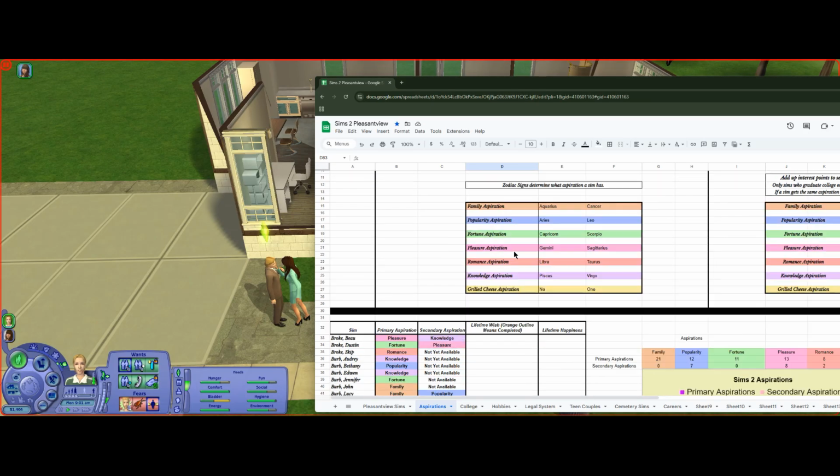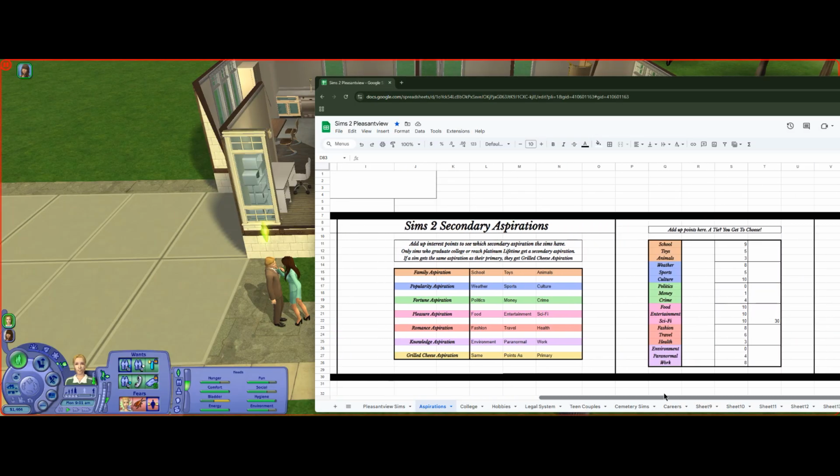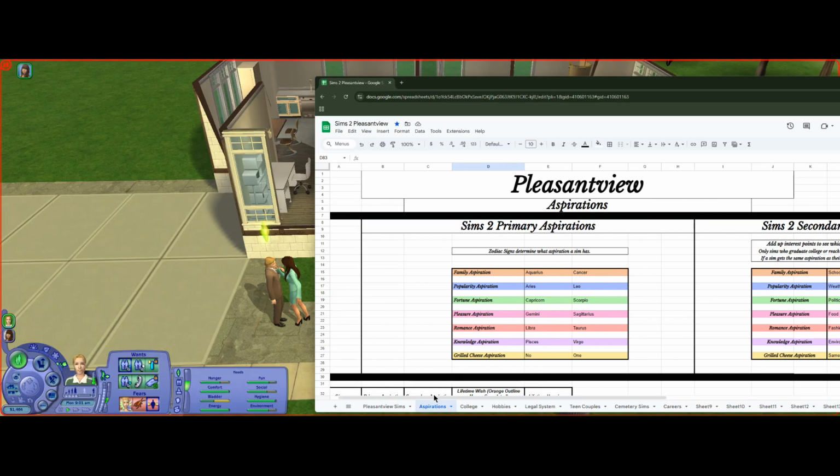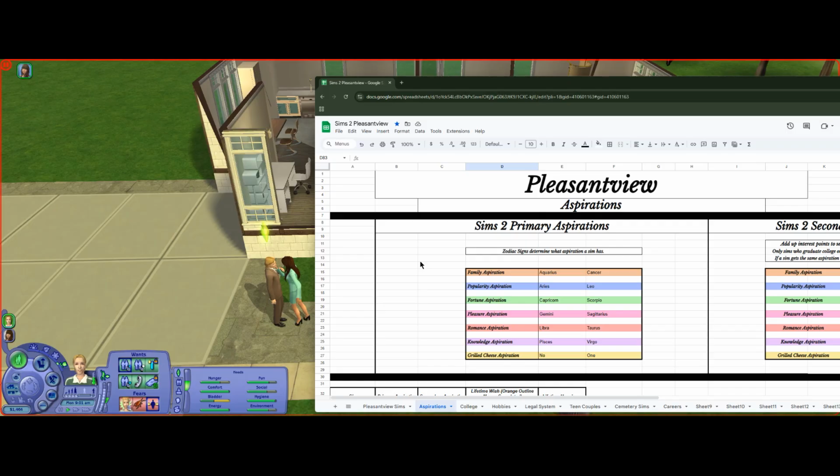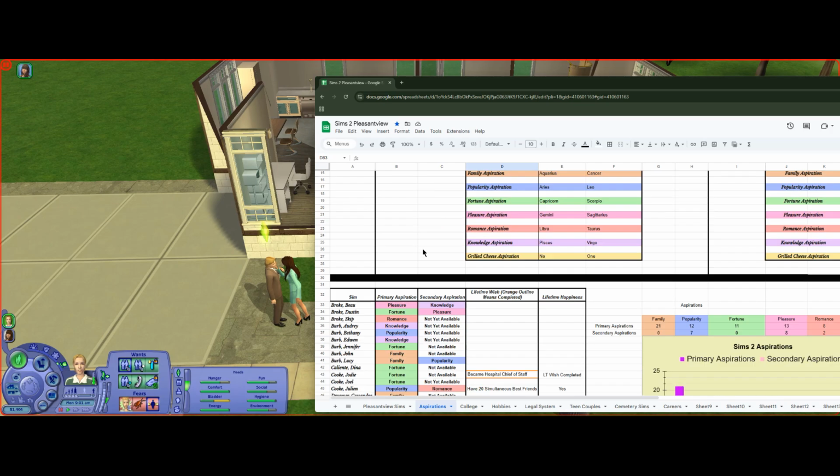So yeah, below the aspiration thing, this is why I wanted it to have its own spreadsheet, because lately I wanted to see exactly what my Sims have been interested in, what my Sims have been doing, where they work. I just wanted to document all this and get a full picture of my Pleasantview and see what is actually happening in my Pleasantview and what's popular and what's not and all that good jazz.